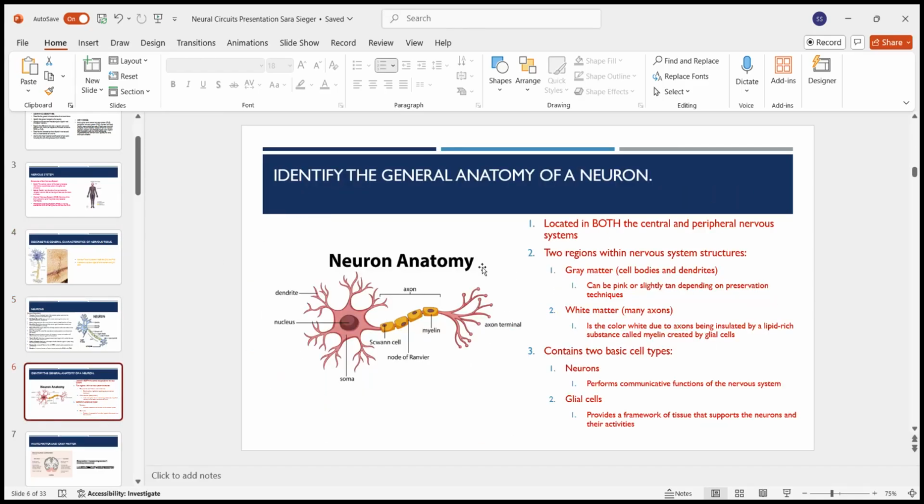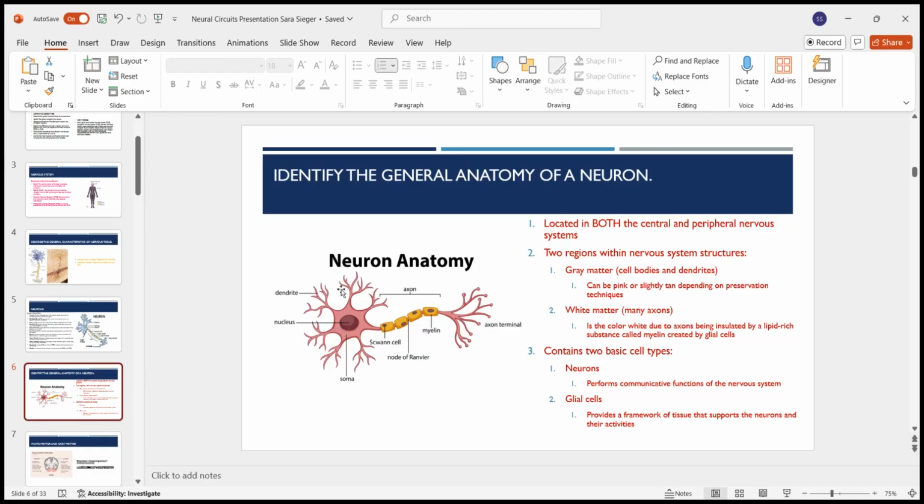So moving on to the general anatomy of a neuron. A neuron is a basic structural and functional unit of the nervous system. It's specialized for transmitting electrical and chemical signals, and the anatomy includes the cell body, soma, dendrites, and the axon, as well as everything else that is labeled here. The cell body contains a nucleus, right here, and organelles that keep the neuron alive and functioning.